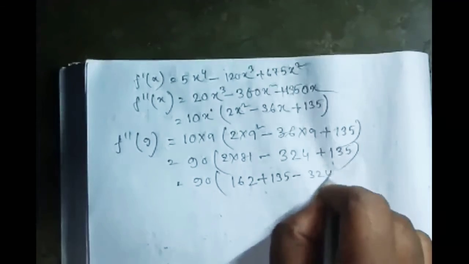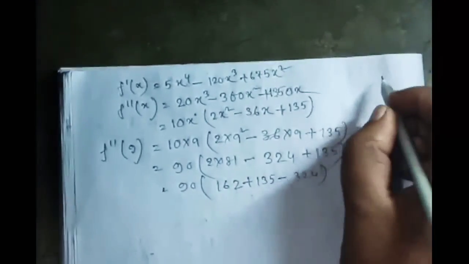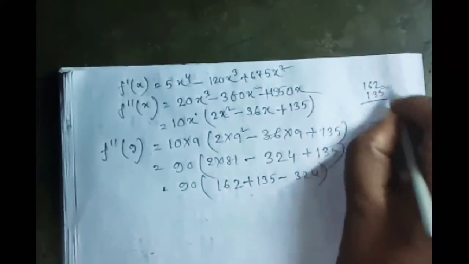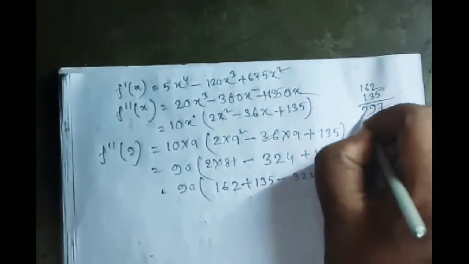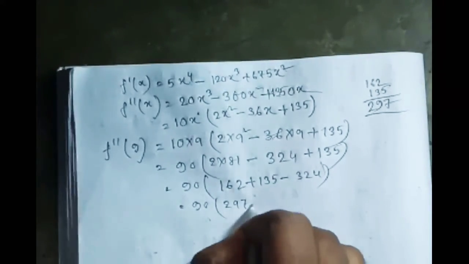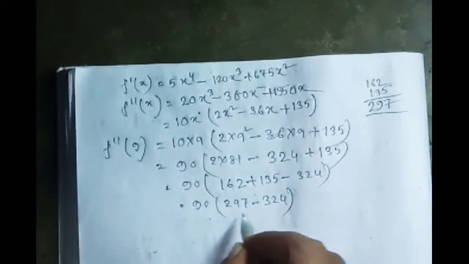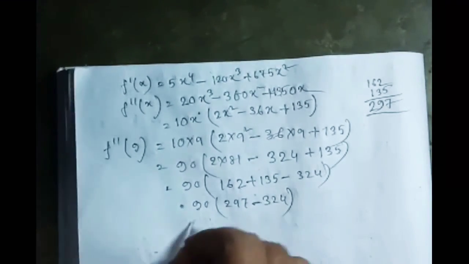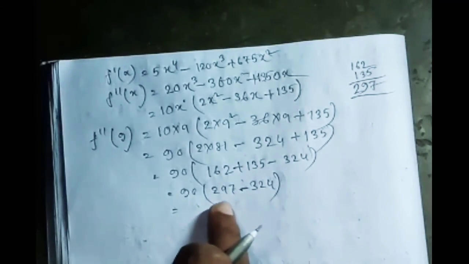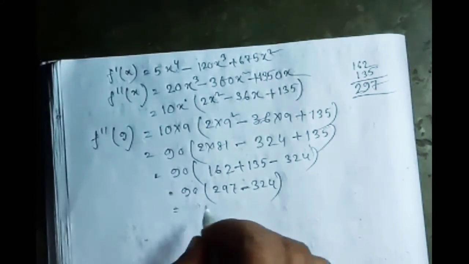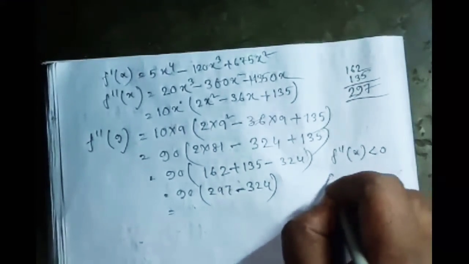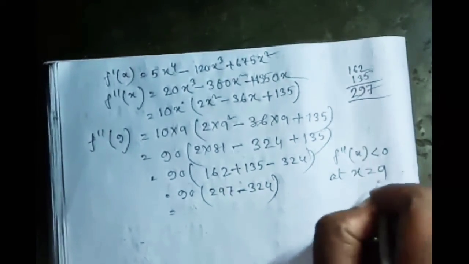So 162 and 135, if we add this, 297. So 90 times 297 minus 324. If we calculate here, definitely a negative sign occurs. I am not calculating again, a negative sign occurs. That means f double dash x is less than 0 at x equal to 9.